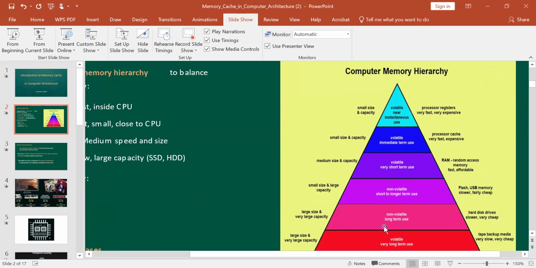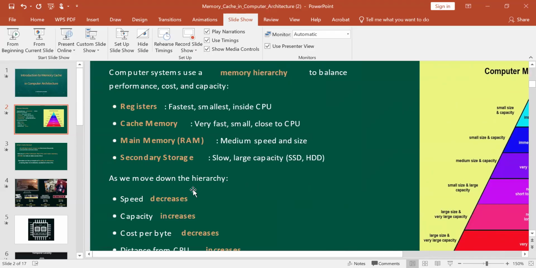So moving down this pyramid from registers to cache memory to the RAM and then the secondary memory, the distance to the CPU increases, the ability of the memory to store data also increases, but how fast it is, the speed, decreases.